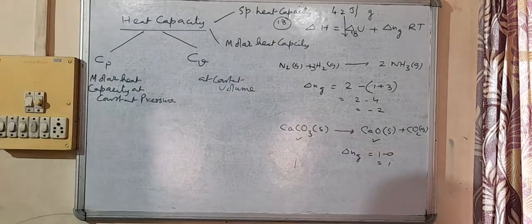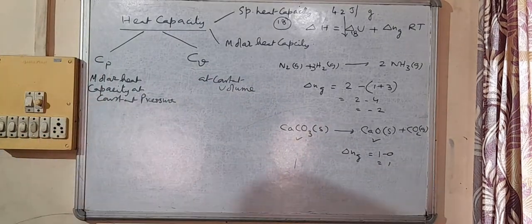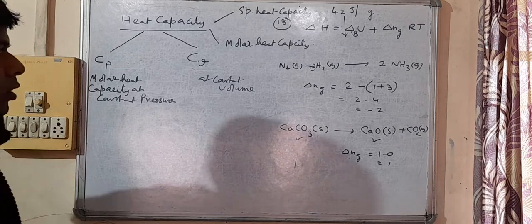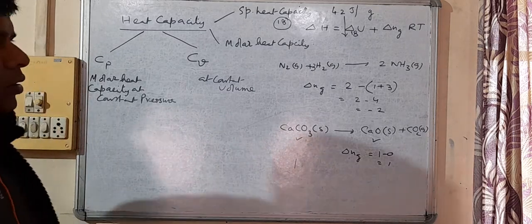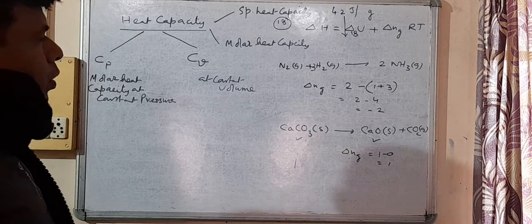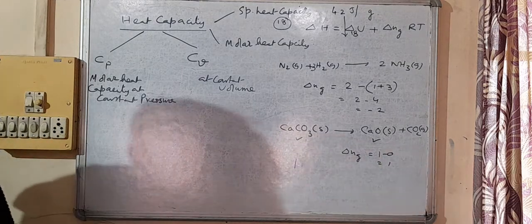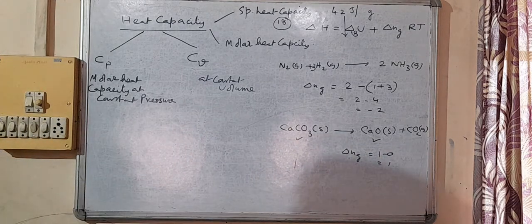So there are two types of heat capacity for gases. For solid, there is only one heat capacity. For liquid, there is only one heat capacity. Let me first explain how there are two types of heat capacity in case of gas.